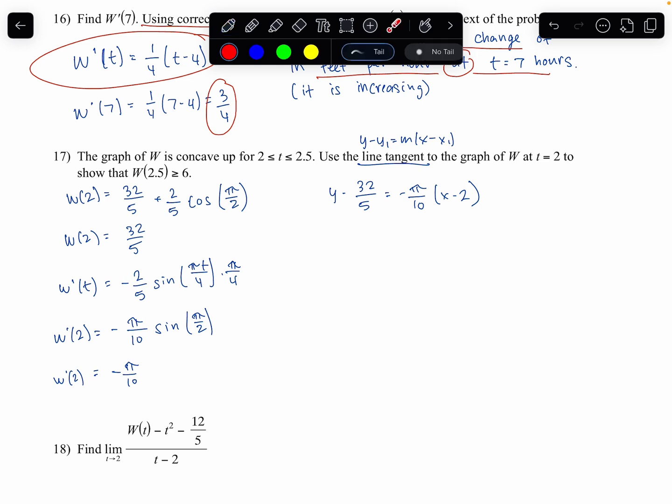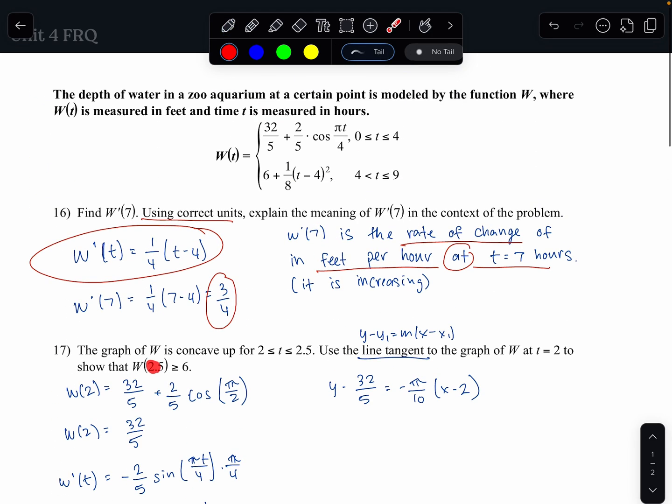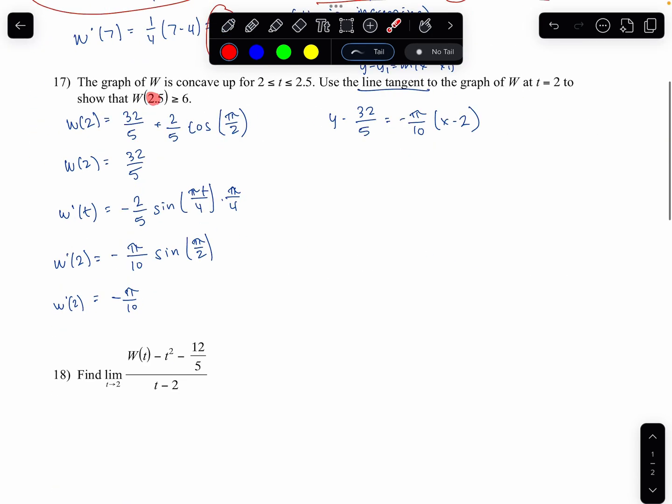We're going to use linearization to approximate the value of W of 2.5, and we have to show that it's greater than or equal to 6. So we plug in 2.5, not into the function, but into our linear line.